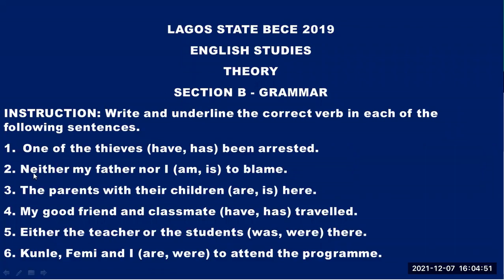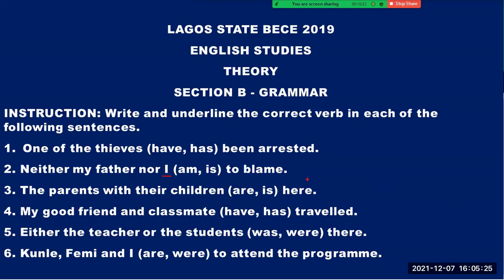Okay, so we now look at question number 2. Neither my father nor I (am or is) to blame. So here we are looking at the law of proximity. Neither my father nor I. The law of proximity has to do with the particular subject that is closer to the verb.